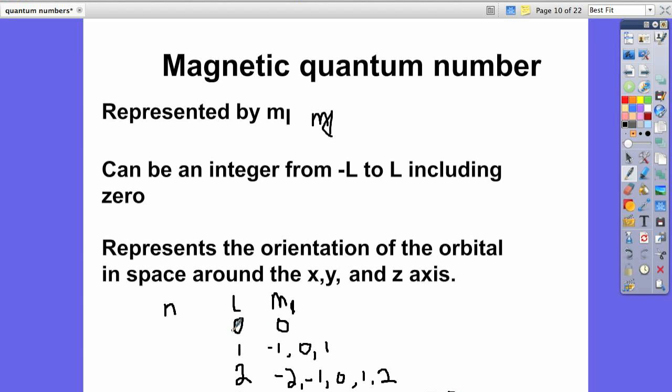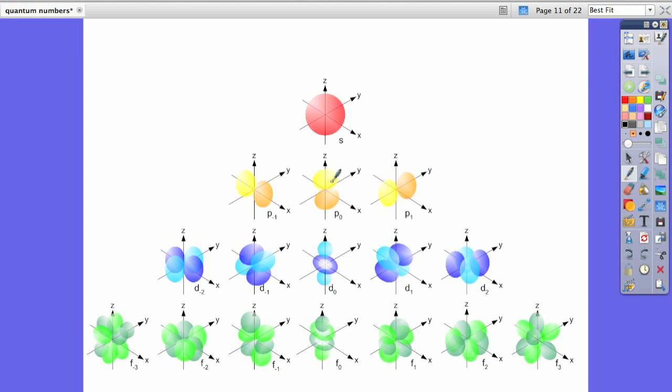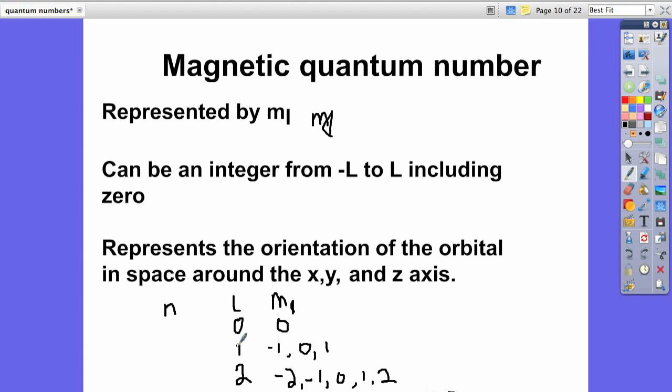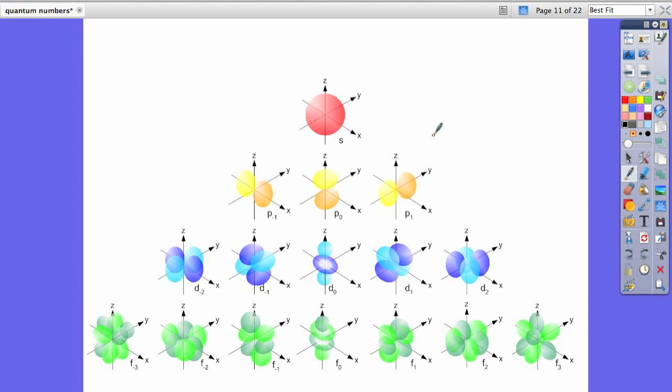Well, if we look at the letter s, which is the same as l equals 0, it only has one orientation, and it is just in the middle. If we look at letter p, which has the number 1 assigned to it, it has 3 different numbers. It means that these 3 have either an orientation around the x-axis, z-axis, or y-axis. So we have 3 different kinds of them.